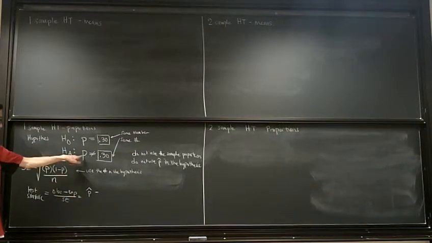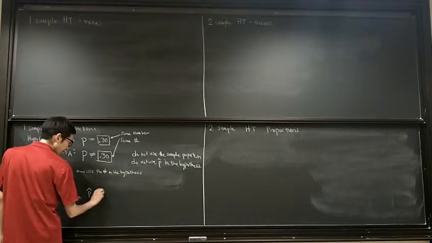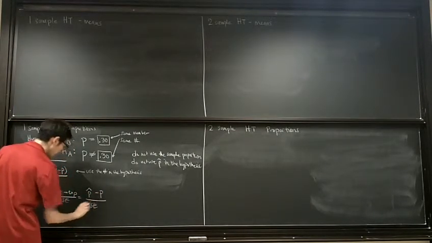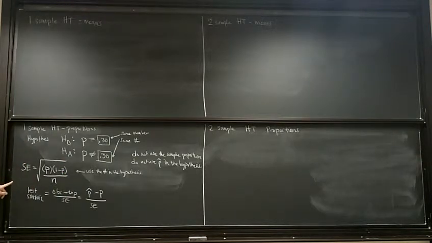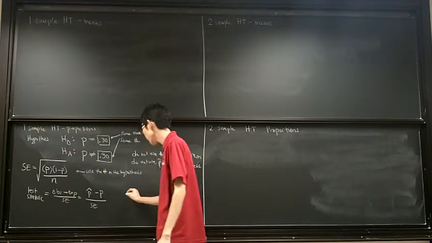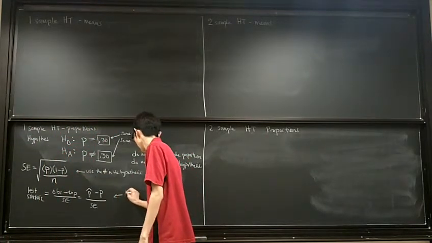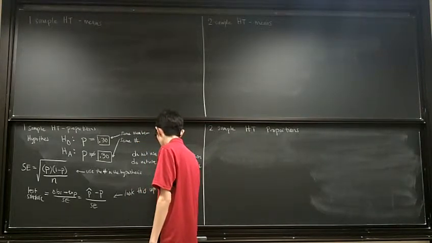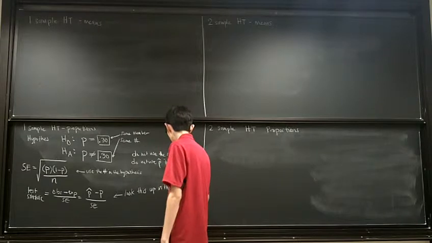What I'm expecting is the p from the null hypothesis. And I divide this by my standard error, which is this value. Okay? This is going to be my z-score. I look this up in the z table.